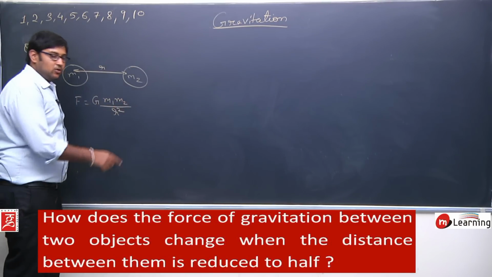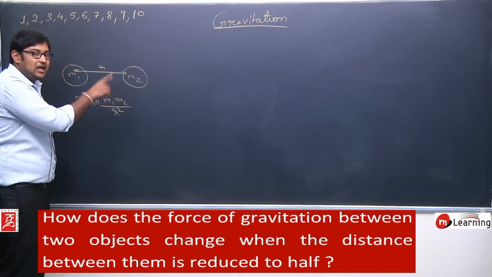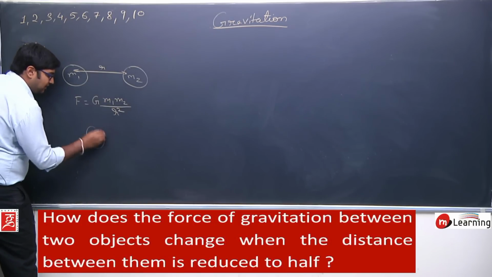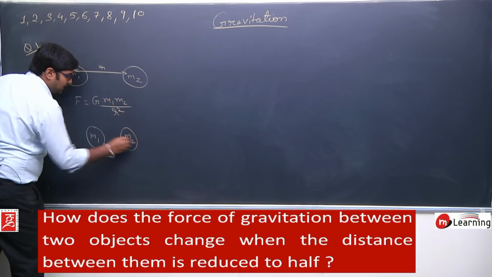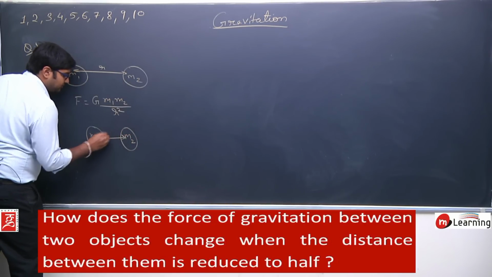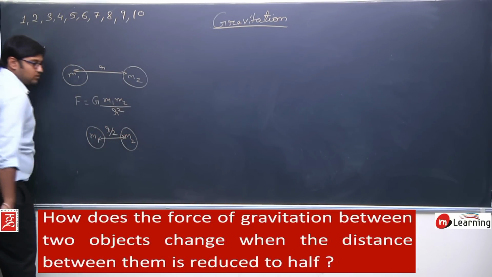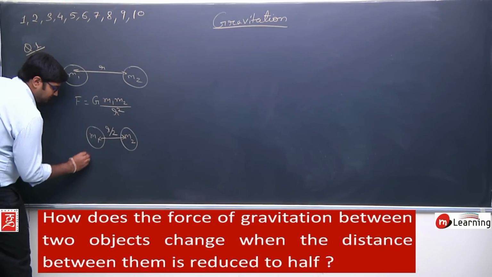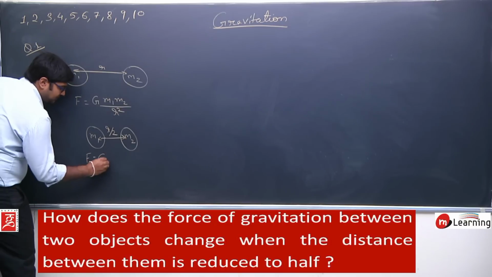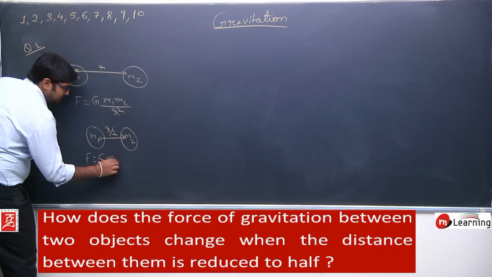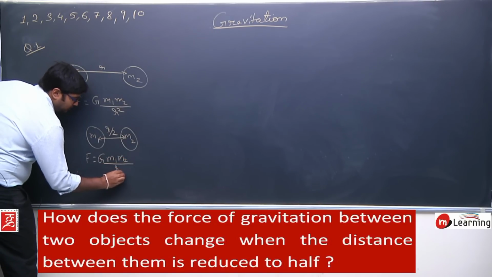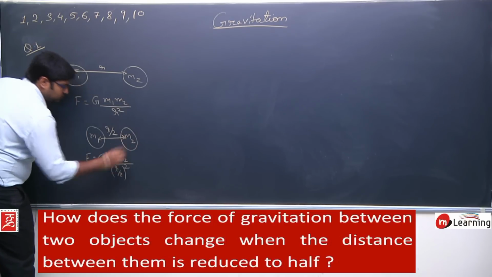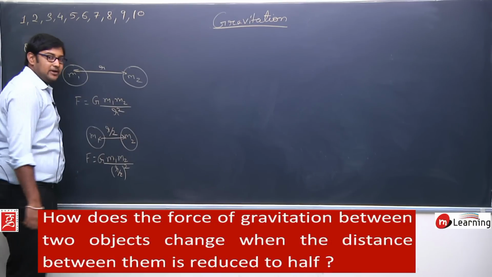Now if I make this distance half, so this is m1 and this is m2, and the distance between them becomes r by 2, then what would be the force between them? That would be F is equal to G times m1 into m2 upon (r by 2) whole square.